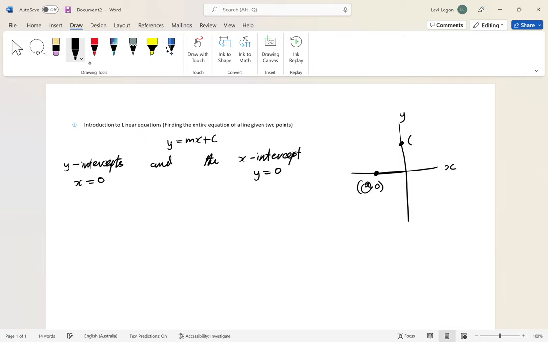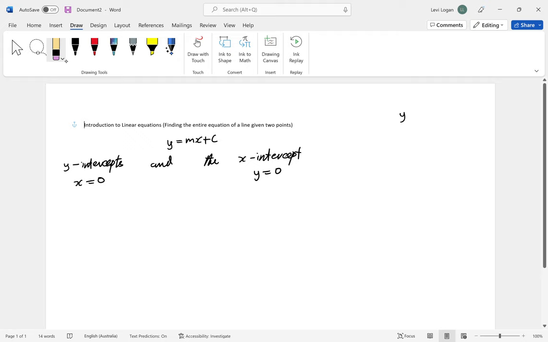No matter what number I have here, which is b, this will always be 0 no matter where you are on this line. So that's the basic premise of x and y intercepts. To find the y-intercept, x is 0. To find the x-intercept, y equals 0. If you get that, you pretty much know how to sketch.